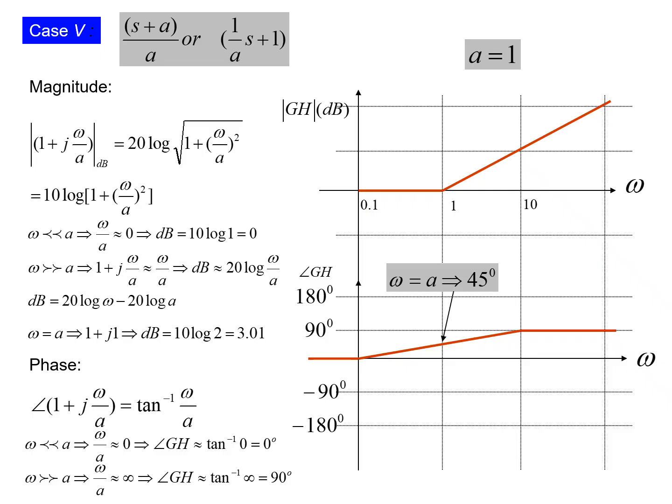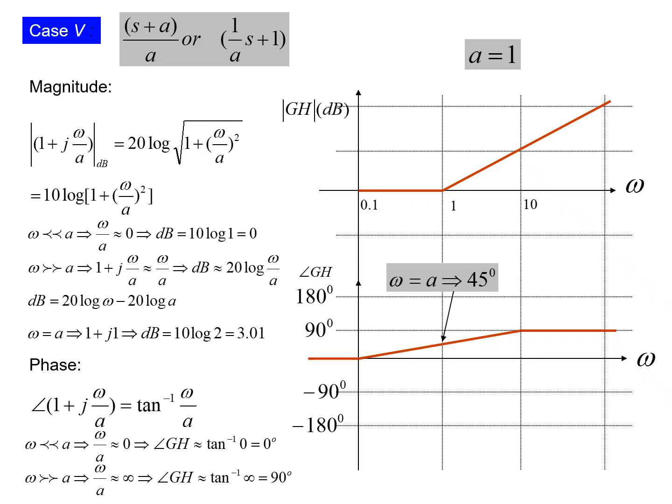Okay, and then for omega more than a, it means 1 plus j omega per a, approximately omega per a, the dB is 20 log omega per a, equal to 20 log omega minus 20 log a.